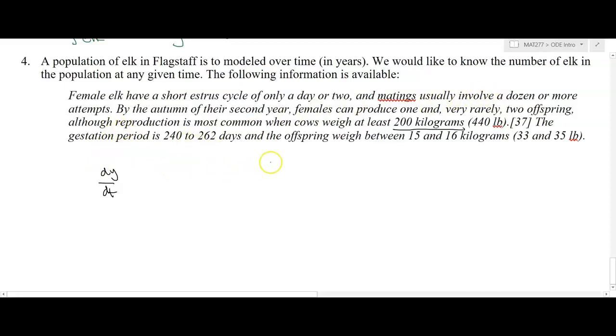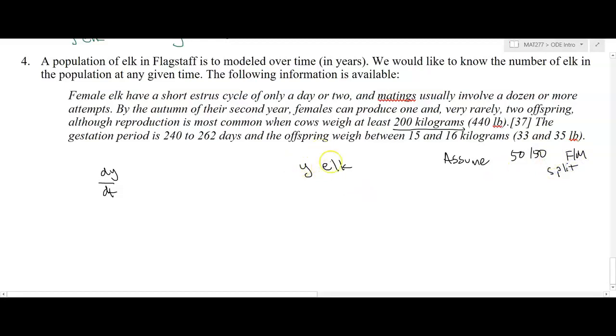All I do know is that if I had y elk, well, first of all, y elk doesn't allow me to determine how many new offspring are going to be born, because some of those are male, some of those are female. So I'm going to make an assumption: assume a 50-50 female-male split.